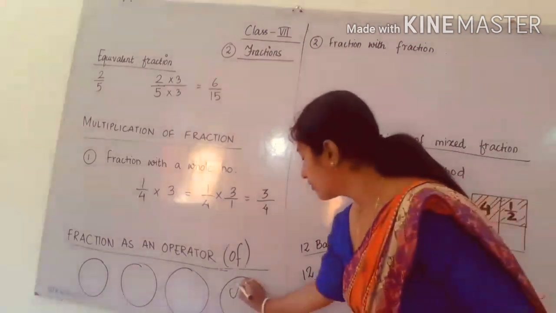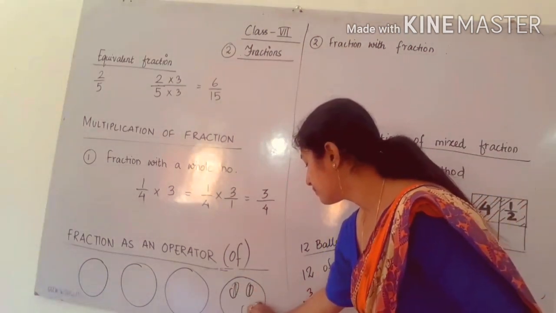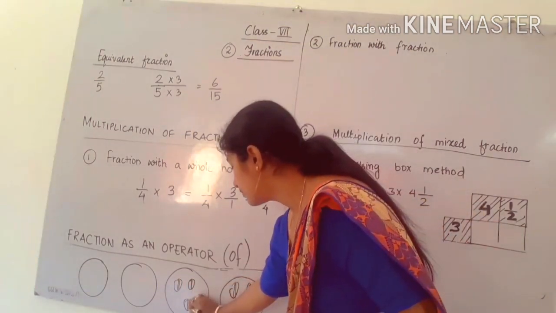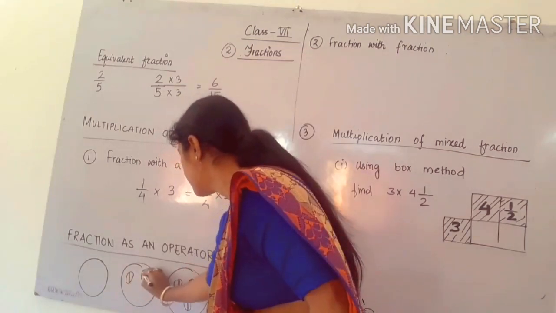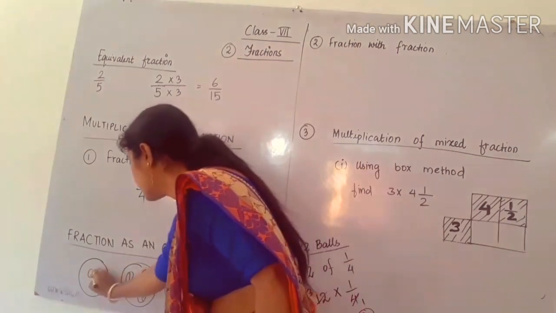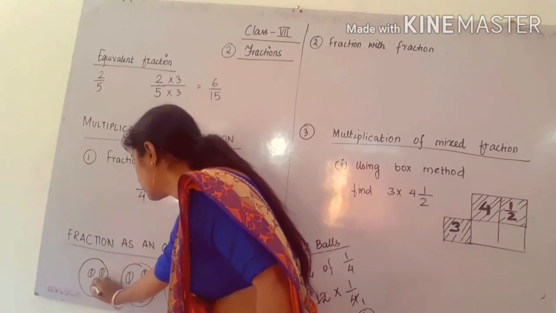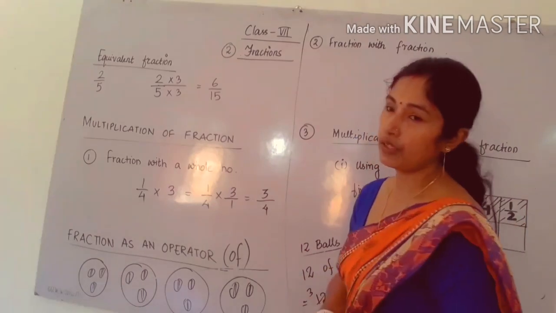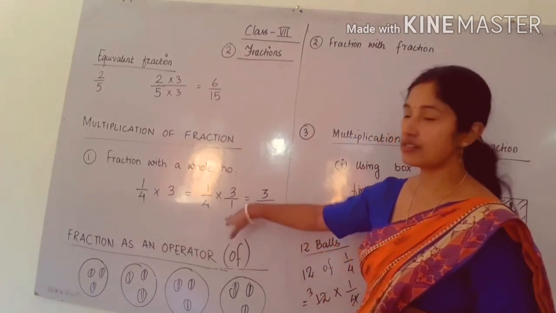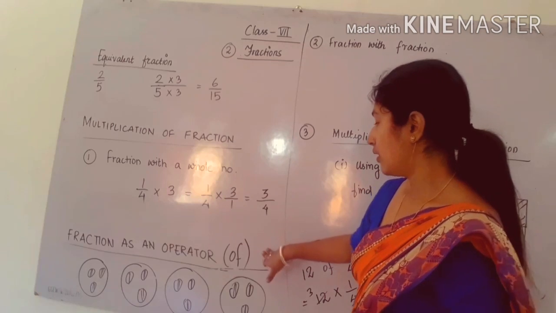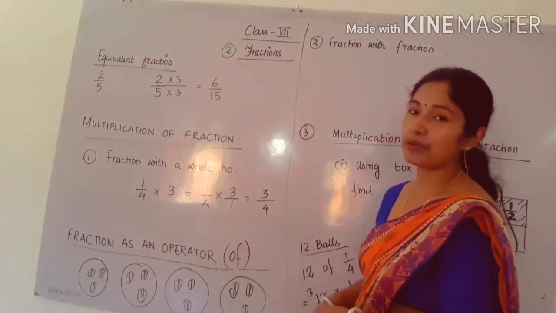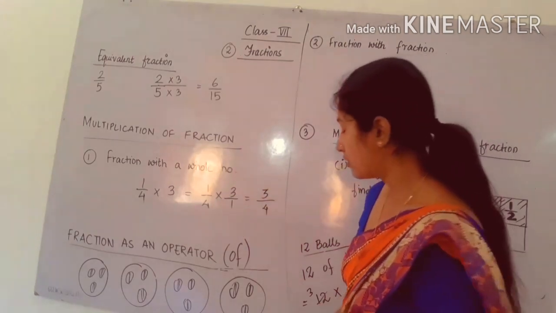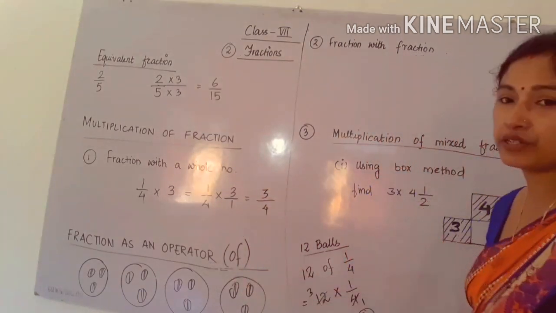In each group we have 3 balls. So like this you can use the operator of. This and this are actually the same. This is just the practical representation of multiplying a fraction with a whole number.